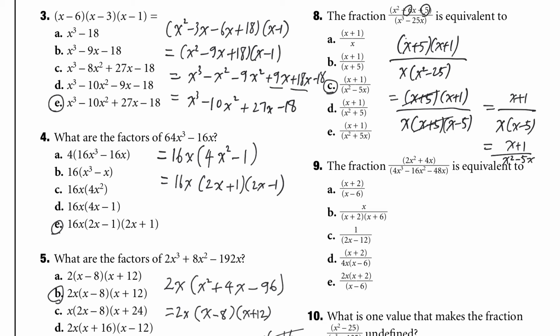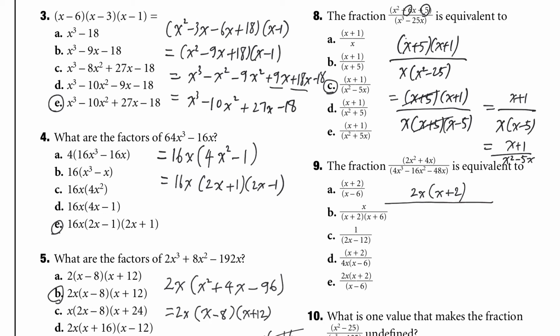The fraction 2x squared plus 4x divided by 4x cubed minus 16x squared minus 48x is equivalent to. Okay, so at the top, I can immediately see that I need to do common factoring. So 2x times x gives you 2x squared plus 2 times 2x gives you 4x. So that's the top.